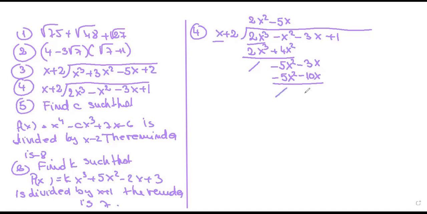And then minus 3x minus 10x is plus 7x. Drop down the plus 1. And then 7x divided by x is plus 7. 7 times x is plus 7x. And then 7 times 2 is plus 14. The 7x's cancel out. And then you're left with the remainder of minus 13. Very good.